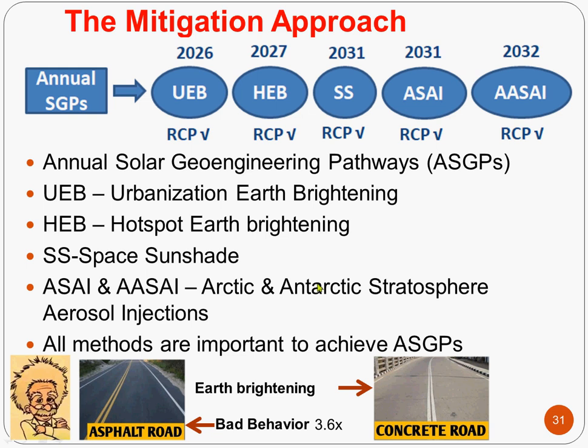Again, that is a lot less effort, and people who write papers on the issues in the Arctic and say stratosphere aerosol injection and all the methods that have been suggested are terrible ways, and we can't do that, haven't looked at the annual approach, which is a lot safer. So all methods are important to achieve annual solar geoengineering.